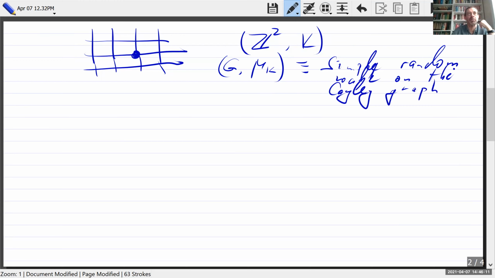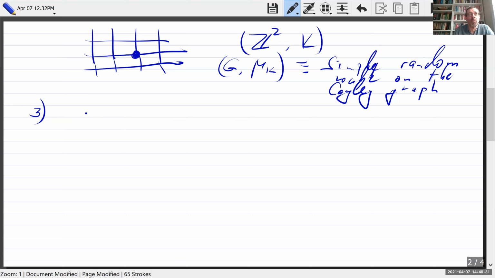So the simple random walk is the one for which the transition probabilities from any vertex are uniformly distributed on the set of neighbors.